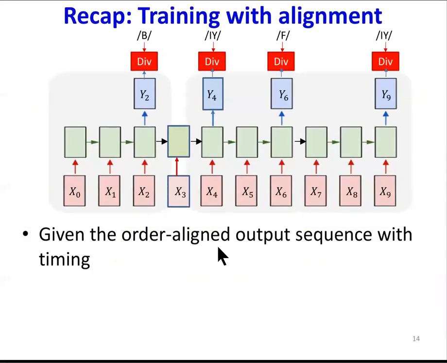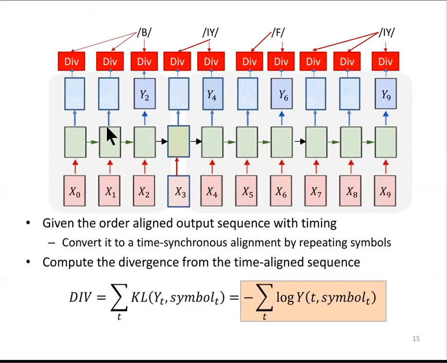And we saw in the last class that if my training data had alignment information, basically if it had information about which input instance corresponded to each of the outputs, then you could indeed compute a divergence between the outputs at those times and the target outputs, or even replicate the target outputs over the entire segment corresponding to each output, and then use this divergence to train the model.